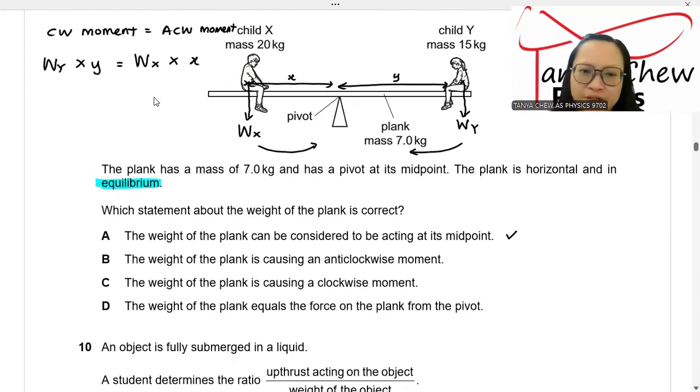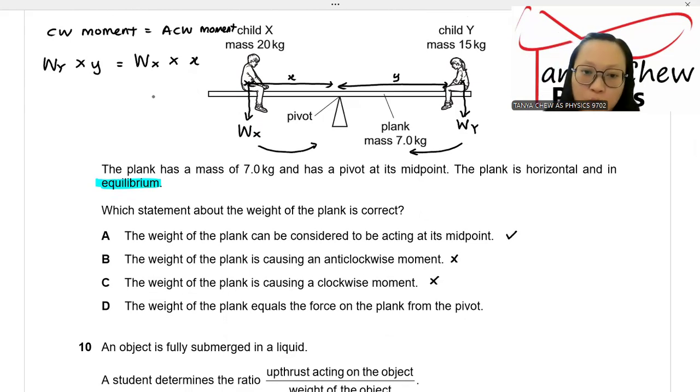It would not cause any direction of moment, because the pivot is placed exactly at the center of gravity of the plank, which is the exact point where the weight is acting. So this is wrong. The weight of the plank causes no clockwise and no anti-clockwise moment.